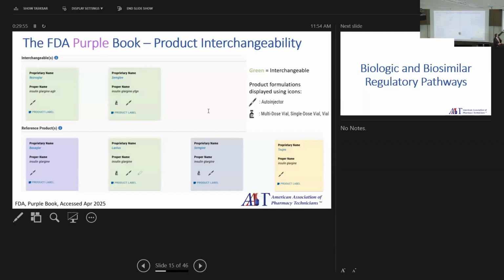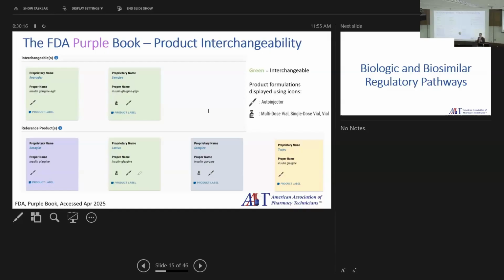However, you notice that Basaglar is also insulin glargine, but it is not an interchangeable biosimilar. To become an interchangeable biosimilar, manufacturers have to specifically submit to the FDA to be an interchangeable biosimilar. And Basaglar has slight differences in the manufacturing process, and so it is not an interchangeable biosimilar.